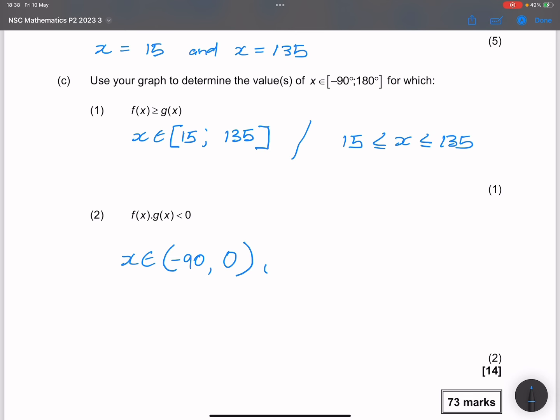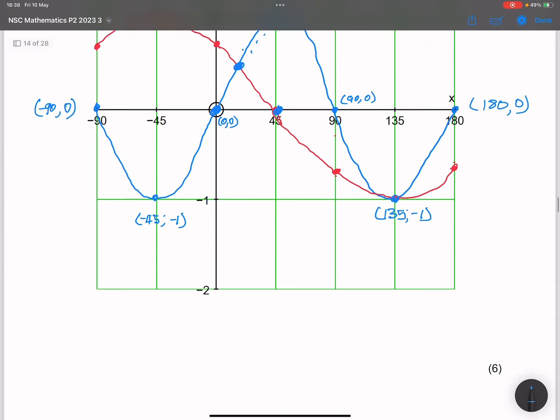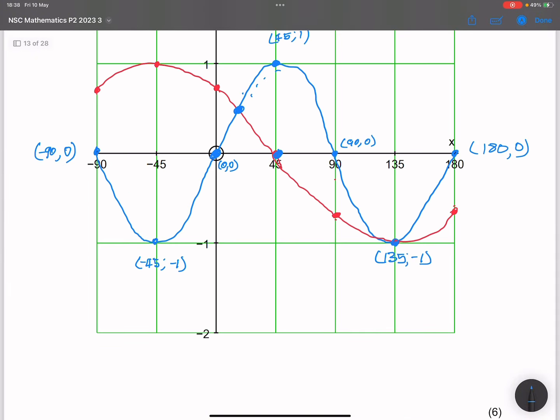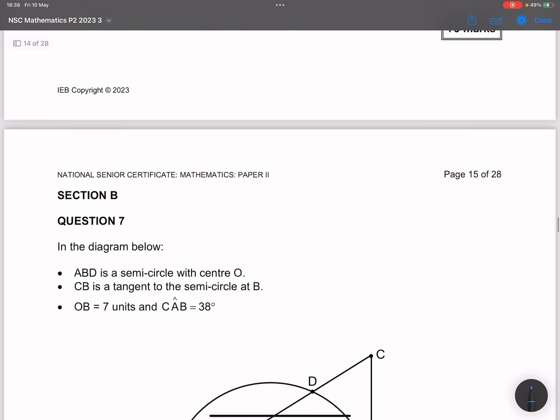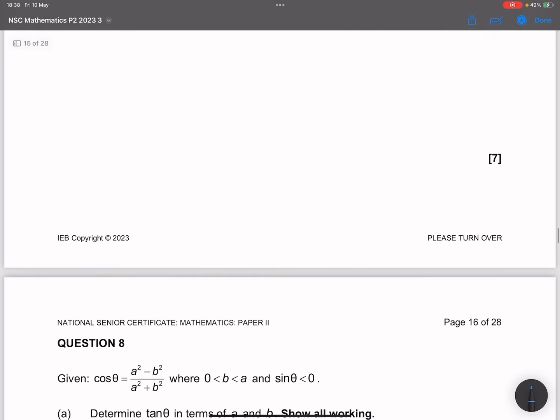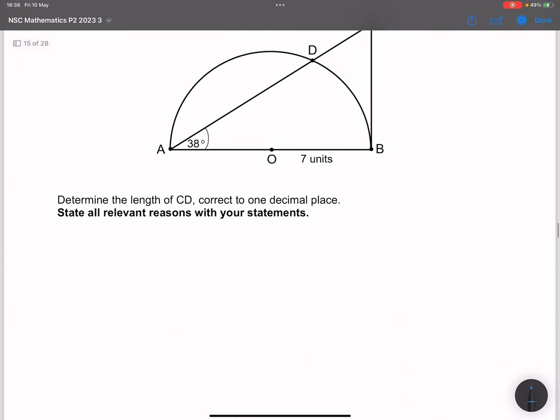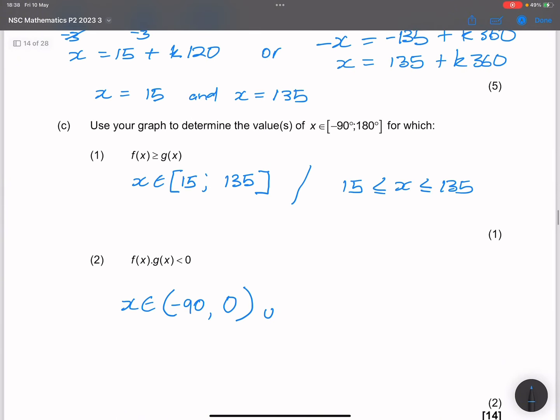Also, where is that graph? So that would be between 45 and 90 degrees, we said. So this would be from 45. Okay, I've gone too far now. Between 45 and 90 degrees.